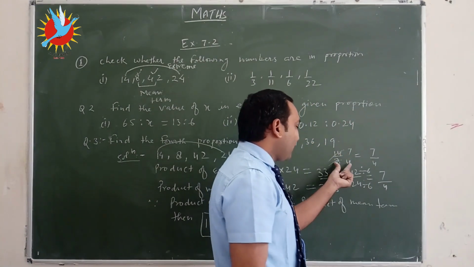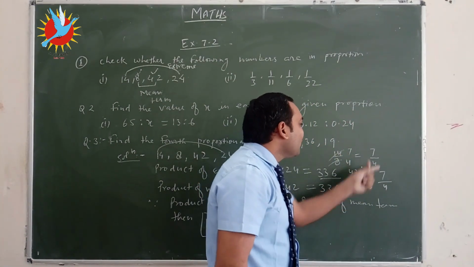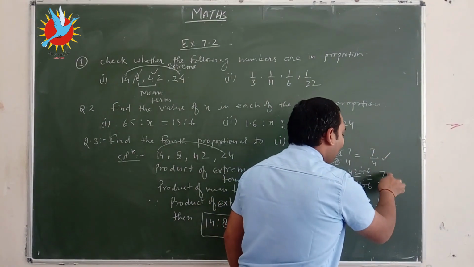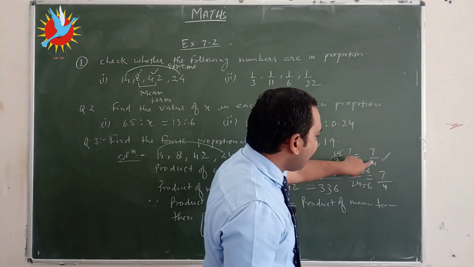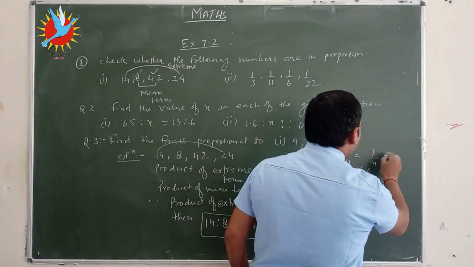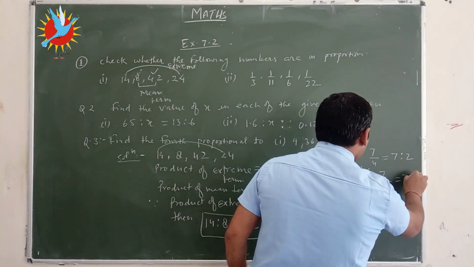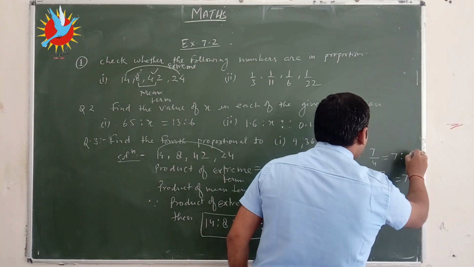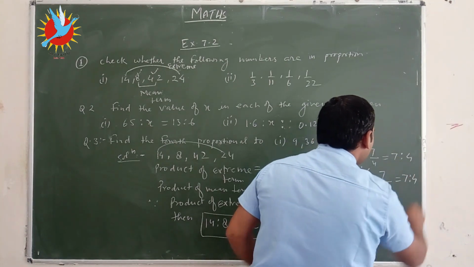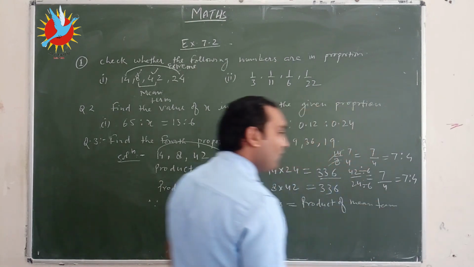So when we write it in the simplest form, both values are 7 by 4, or we can write the ratio 7:4, and this is also 7:4.